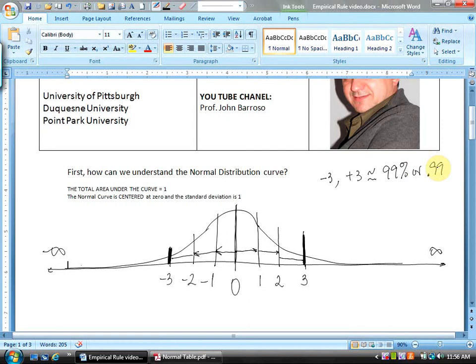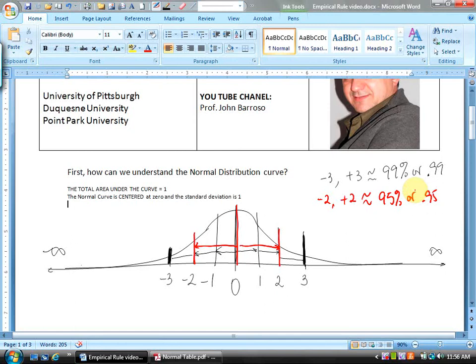Now, what is the area from the center, this center, to +2 or -2? This area that you see now with red lines. Well, the empirical rule says that from -2 to +2, it's roughly 95% or 0.95.